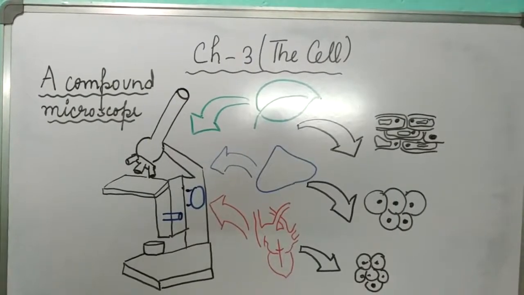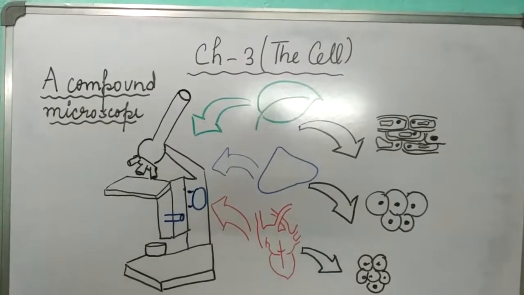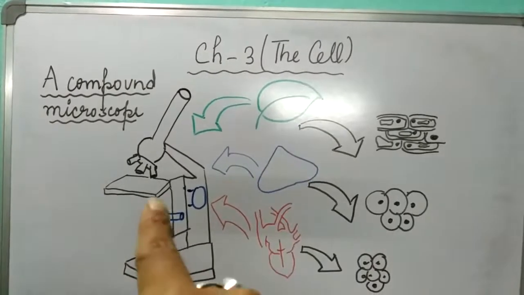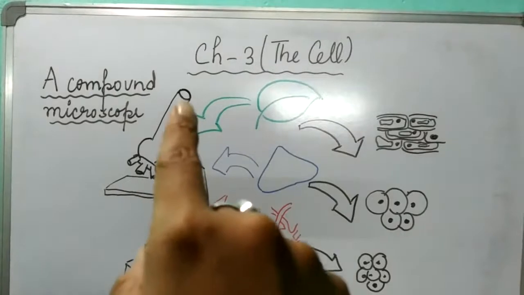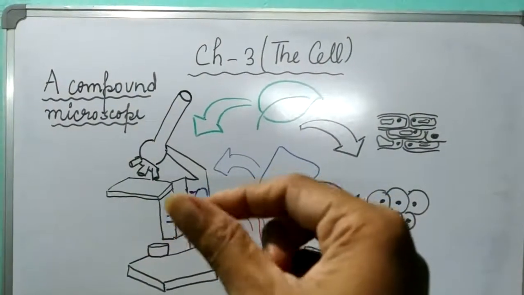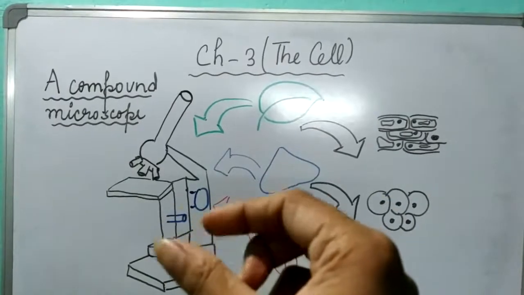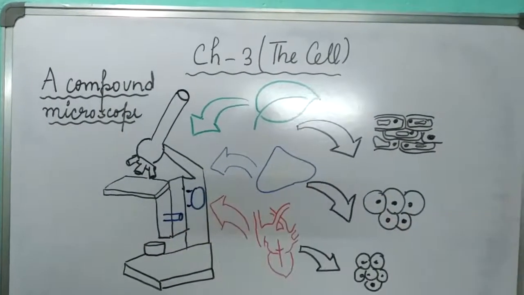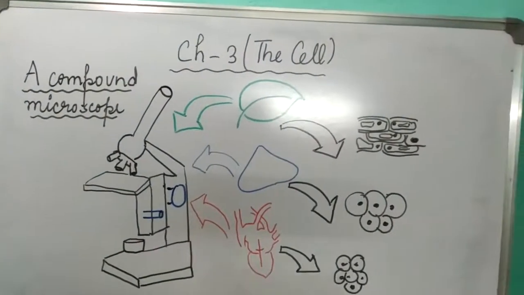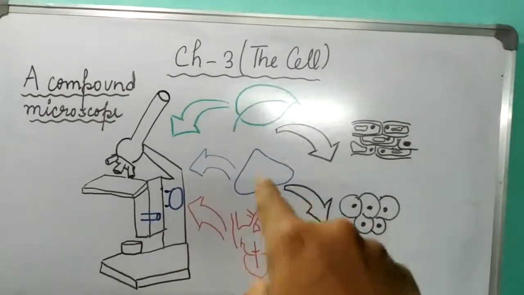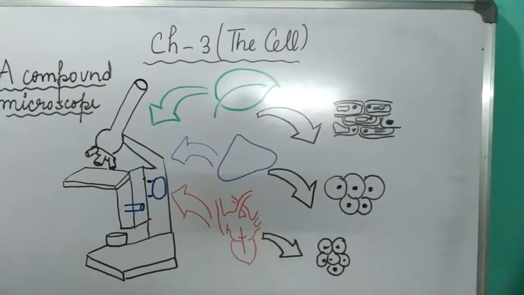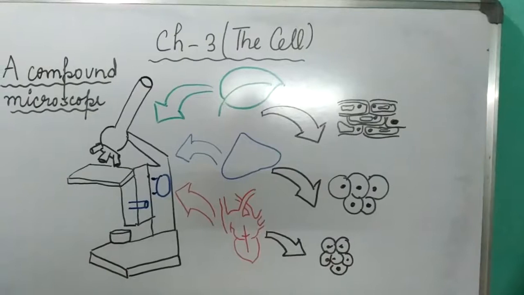low power objective lens. Now when I place the scrapings on this stage, put my eye over here and adjust the magnification power by screwing this particular knob, I will see the organs are made up of tiny compartments like this, which I have already drawn.